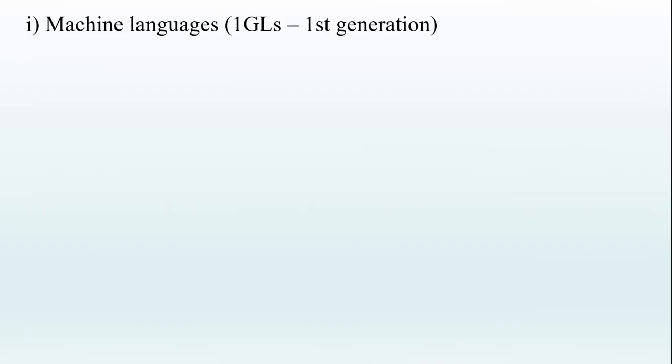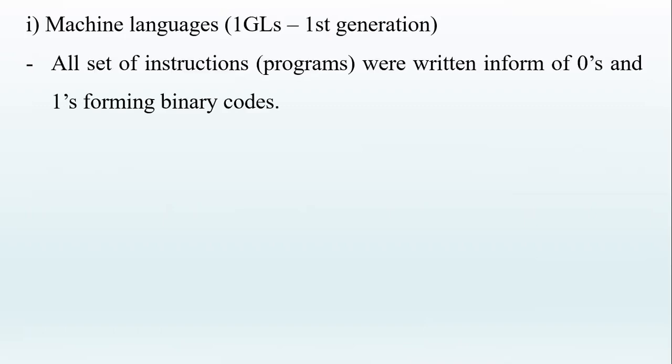Machine languages, or first generation languages, are a set of instructions or programs written in the form of zeros and ones, forming what we call the binary codes.